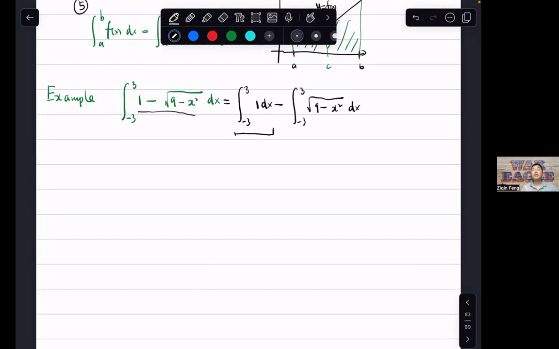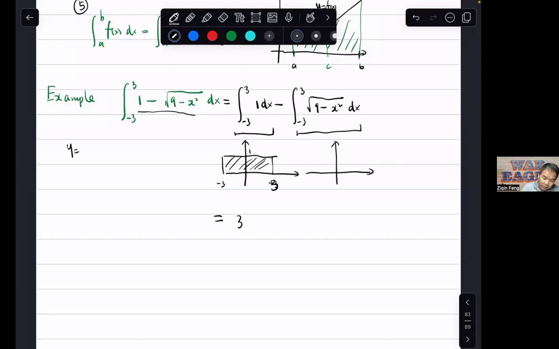The first one, we try to interpret as an area. If you try to sketch it, that's basically a rectangle from -3 to 3, and the height is 1. So the first term is the area of the rectangle, which gives 6. And for the second term, by our discussion before, y equals the square root of 9 minus x squared, so y squared equals 9 minus x squared, so x squared plus y squared is 9.